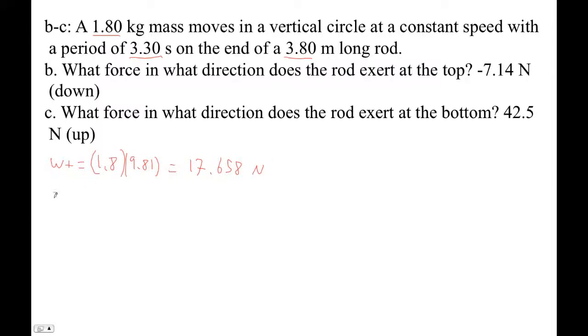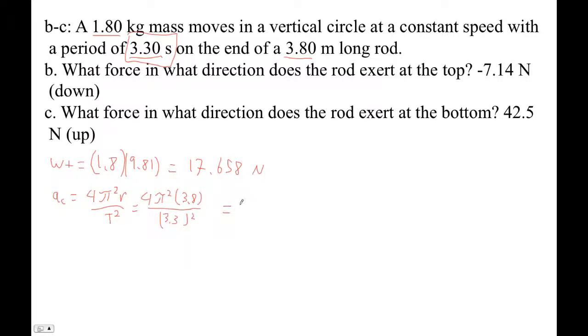And then the centripetal acceleration is 4 pi squared r over T squared. And I'm going to choose that one because I'm given the period, right? So that's 4 pi squared times 3.8 divided by 3.3 squared.